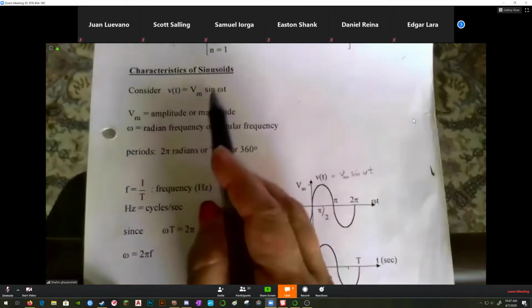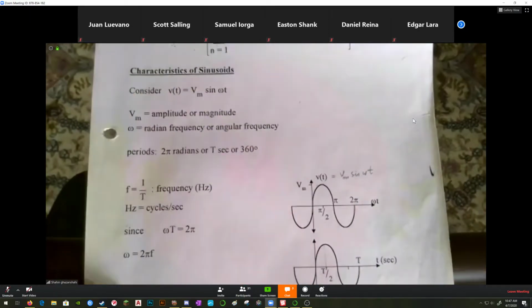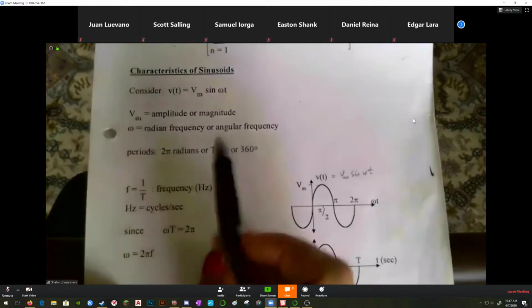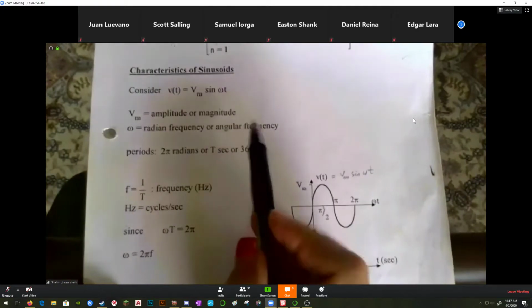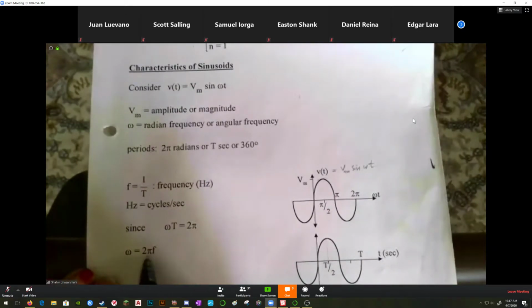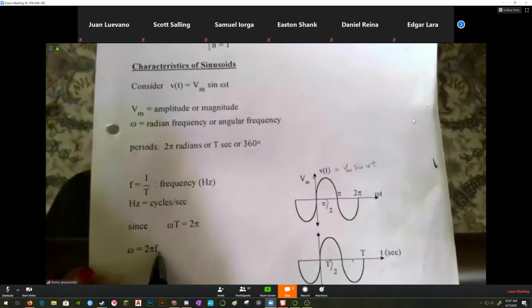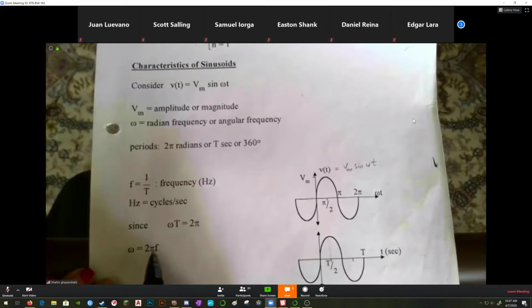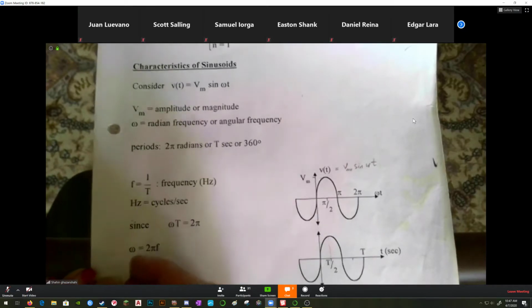Omega here is the radian frequency, or what is it called? Angular frequency. The omega, if you remember, is equal to what? 2 pi f, where f here is the frequency, which is 1 over T. What is the T? The T is the period of your signal.